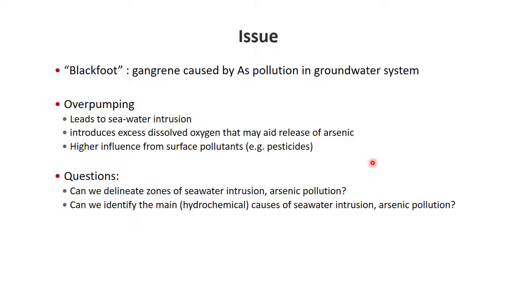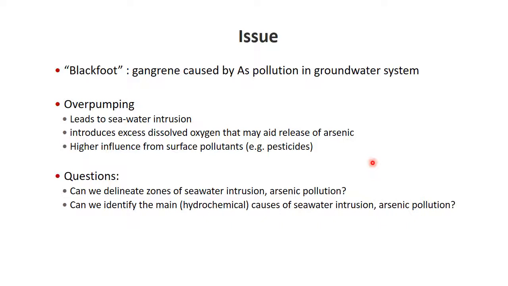So what's the issue? As I mentioned, we're looking here at explaining a particular disease. In countries like this, same as in Bangladesh, there's a lot of overpumping of the groundwater system. That leads to seawater intrusion, which is never good for agriculture, and secondly, it reduces dissolved oxygen, which is often related to the release of arsenic into the system.